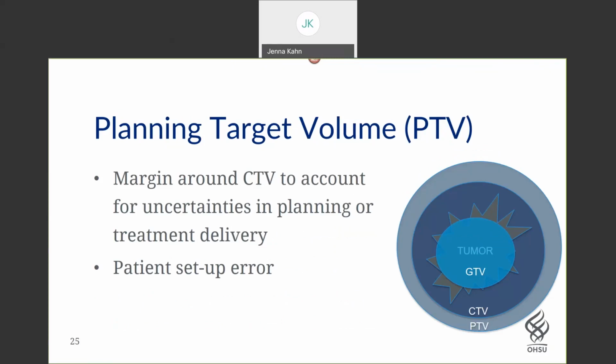So most institutions and most machines are anywhere from 3 to 5 millimeter precision. So we add a 3 to 5 millimeter PTV. That PTV, planning target volume, is not changed at all once it's expanded from your CTV.